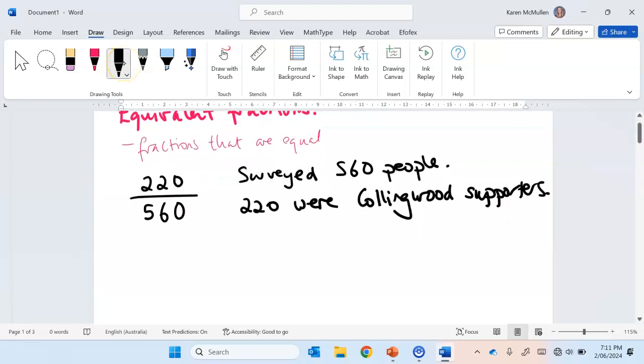Now this is actually quite a big number to simplify. So what we could do straight away is just drop those zeros. Okay, so I can see that as 22 over 56. It's the same fraction.